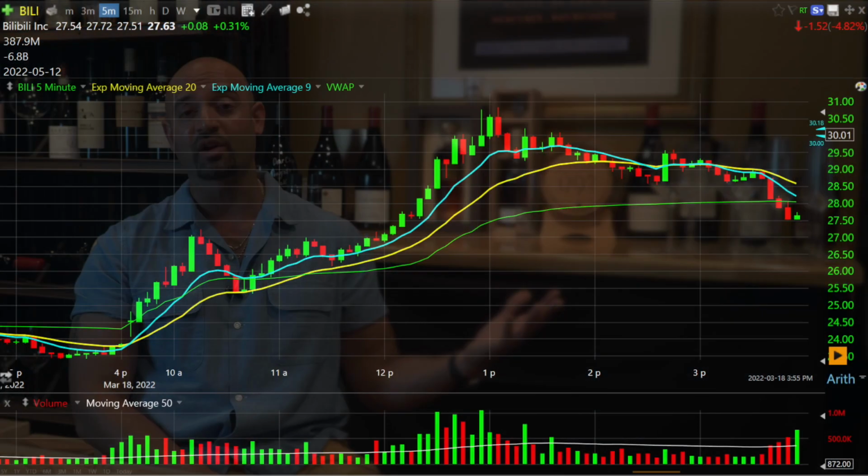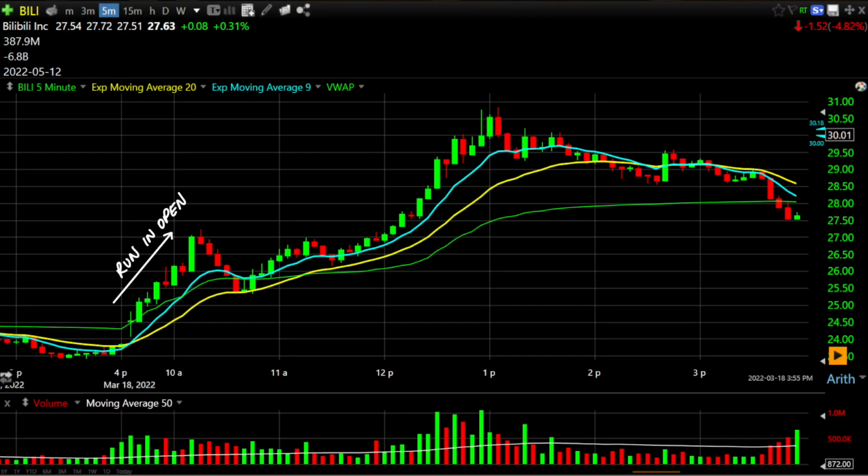If you look at this chart of Billy, you'll see something very similar. You get that big run in the open, and then you pull back into the VWAP. If you notice on Billy, it actually breaks a little bit under the VWAP, and then it remounts back over. That's why it's really important to let it hold there for a couple minutes before you take the trades. Oftentimes you will see a rip under and then a rip back over.